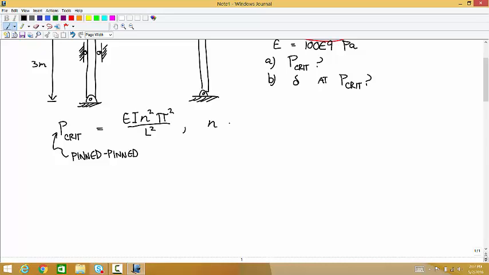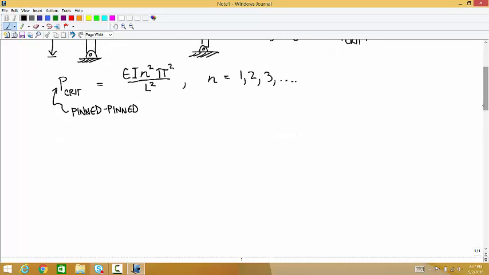And that's for n equals 1, 2, 3. Okay, and those solutions, so n equals 1 corresponds to a solution like this. It could go to the other side too. n equals 2 corresponds to a solution like this.